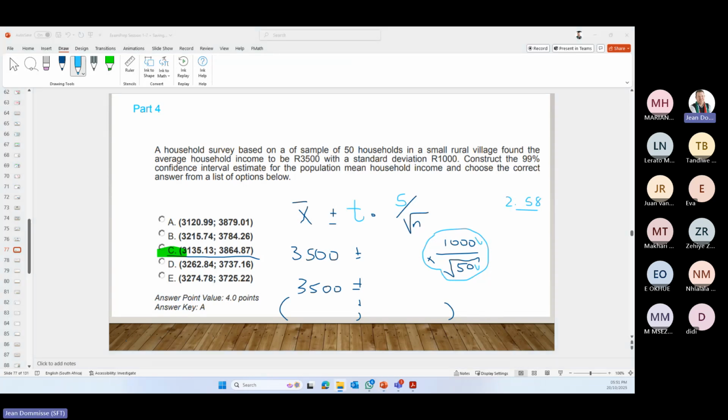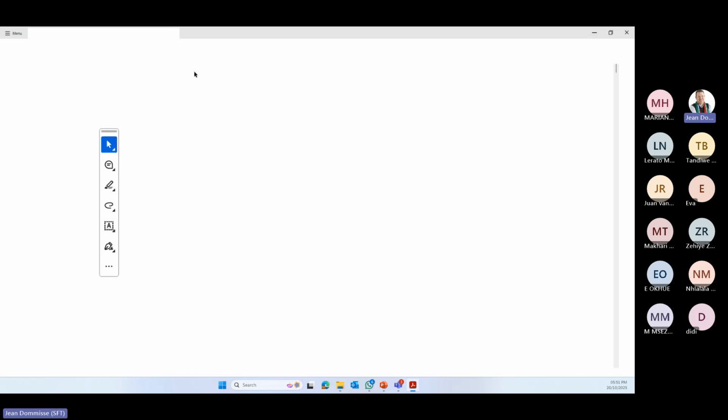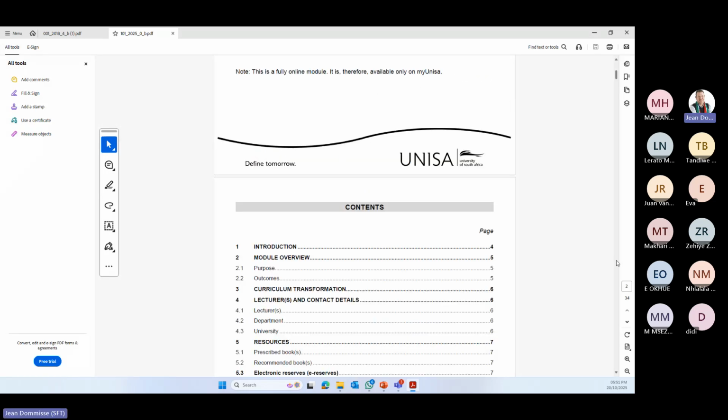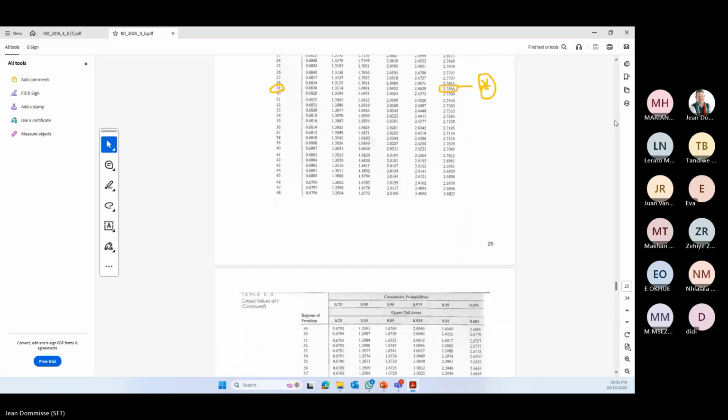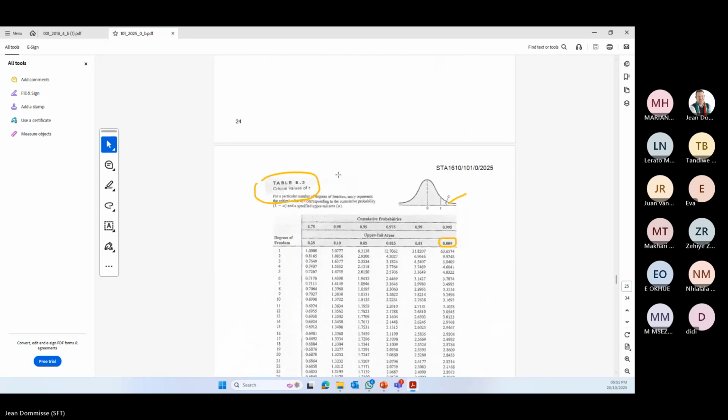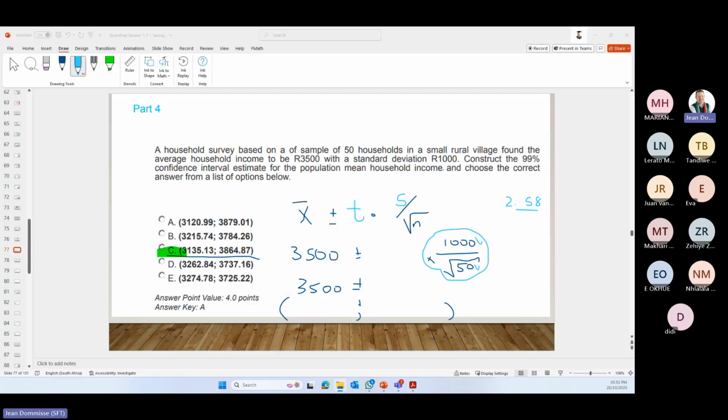Let's see how big a difference that brings into the calculation. So let me see, where is our t table? Okay, this is the t table that we're going to work with, and let's see what we need. t is degrees of freedom, and then alpha divided by 2. Degrees of freedom, remember, is n minus 1.